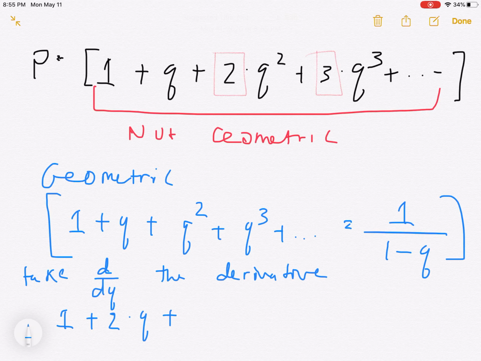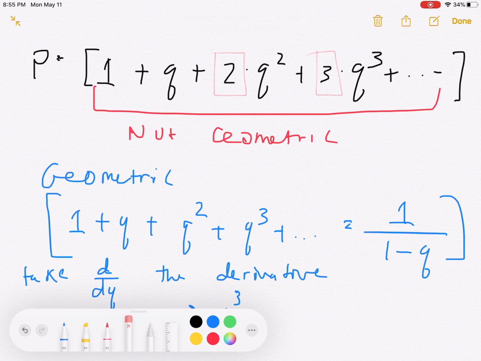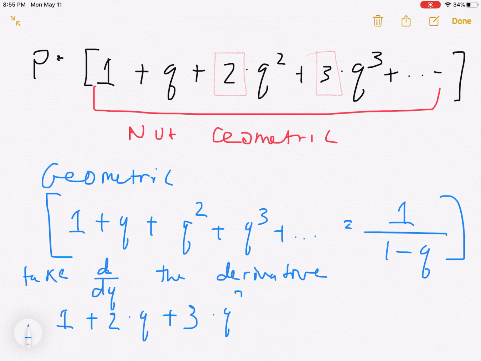I differentiate q cubed, I get 3q squared, and so on.